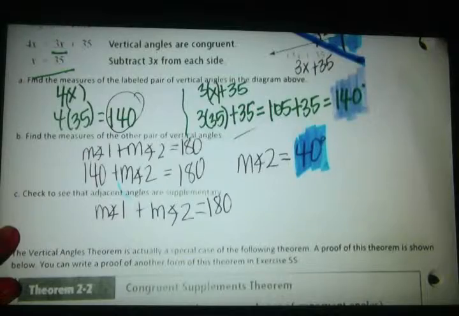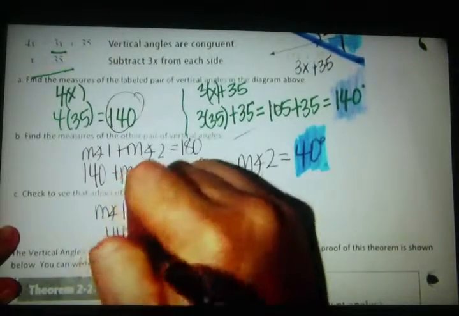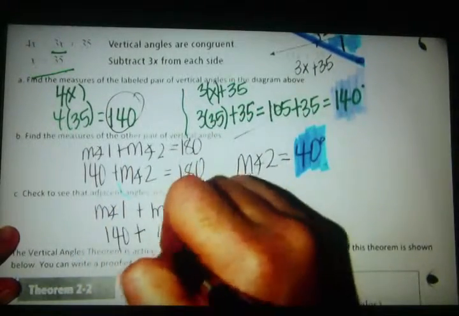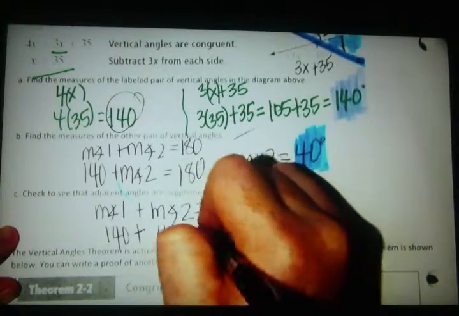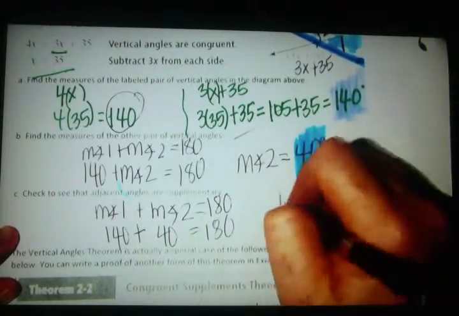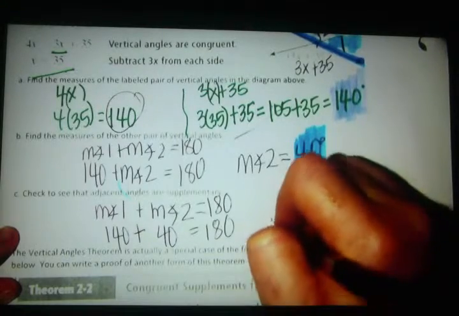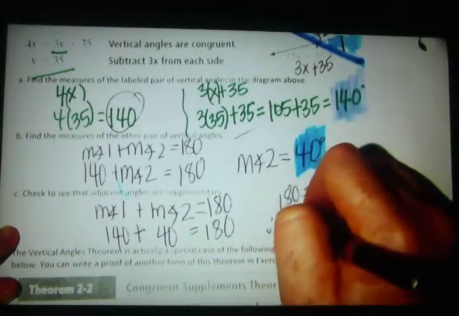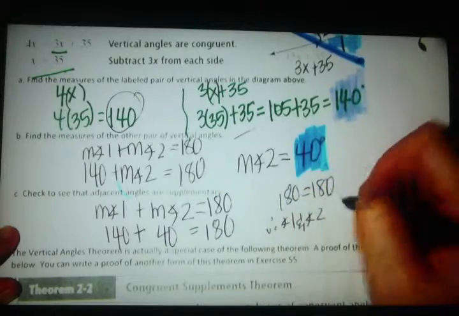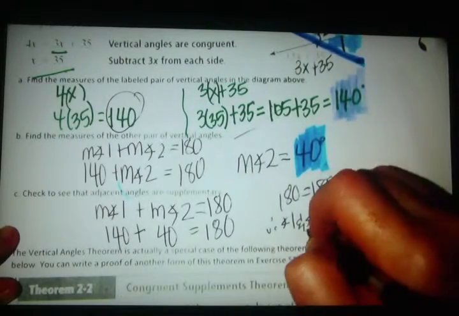Let's see, measure of angle 1 is 140. Measure of angle 2 is 40. Well, that equals 180. So I get 180 equals 180. And therefore, angle 1 and angle 2 are supplementary.